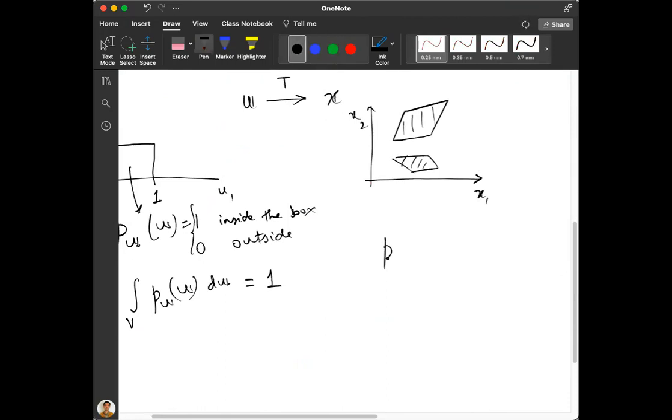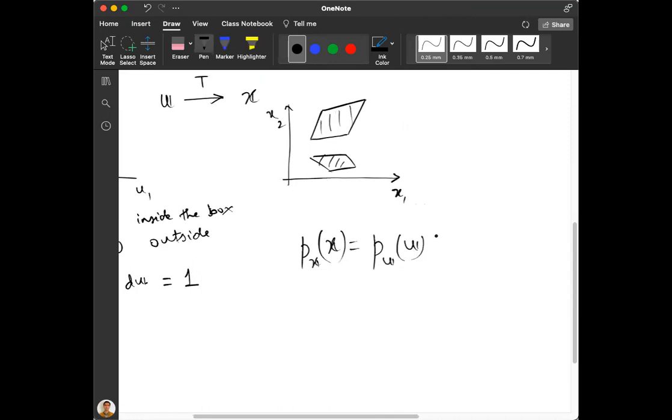Now, what is p_X(x)? This is p_U(u) times the mod of the derivative of u with respect to x, and these are vectors now.